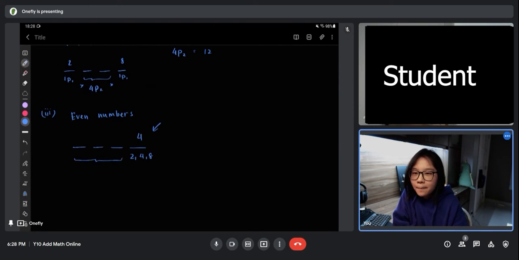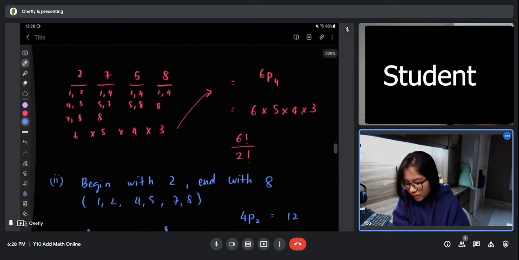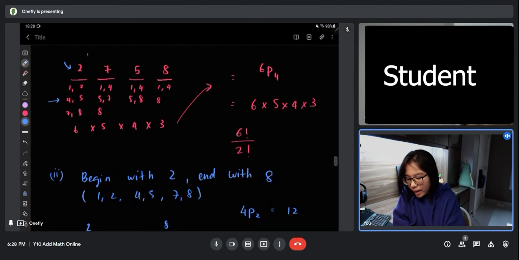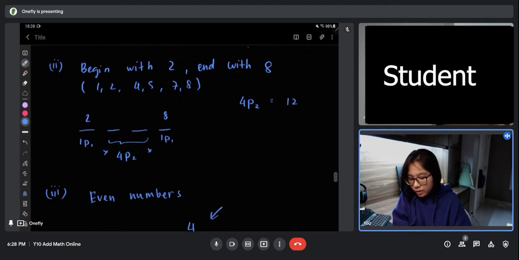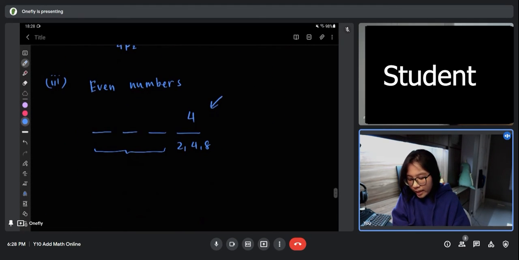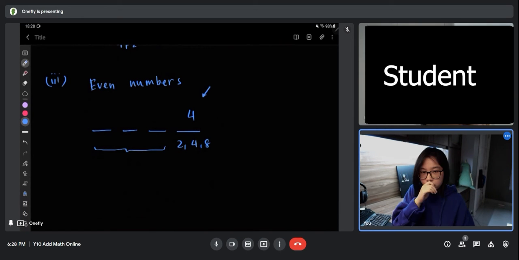Because if you go back to this question, initially I got 6 options, I only arrange for 1, then I move on already. So for every consecutive number, I minus 1 option. Same thing goes for this question. I have 3 options, yes, but then I only arrange for 1. Then how many am I left with?